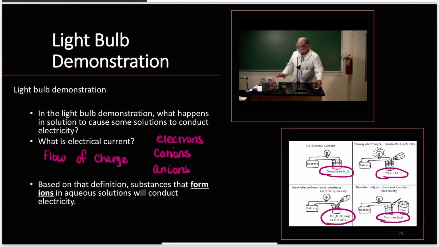And when he used a weak acid, acetic acid, which is vinegar, we saw the light bulb light up, but it was very weak. The only thing that he did in the video that we don't have listed in our little diagram down here is if we have a strong acid, he used HCl, and strong acids behave like sodium chloride did because strong acids are strong electrolytes.